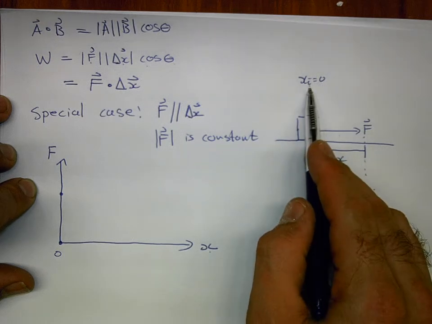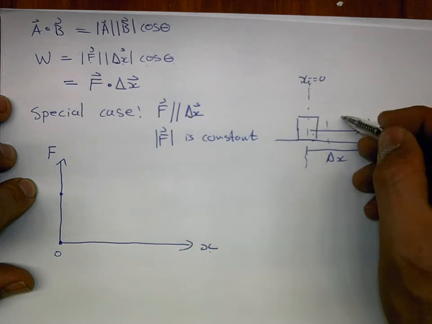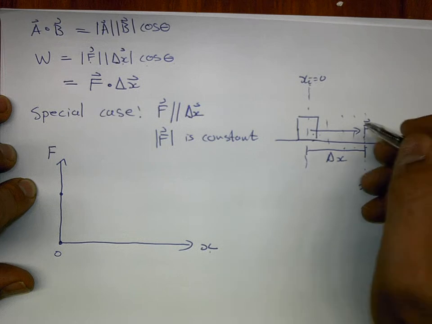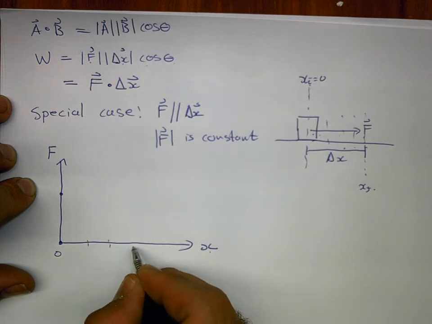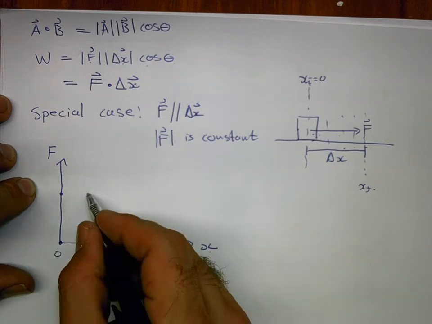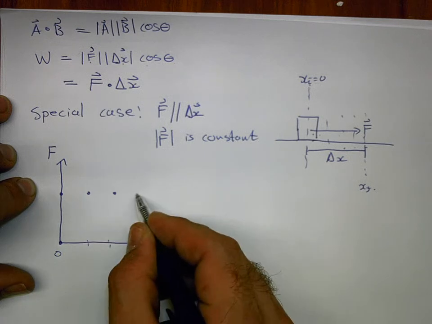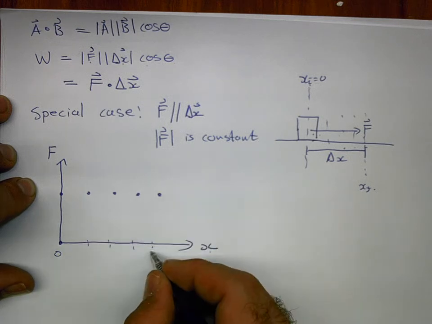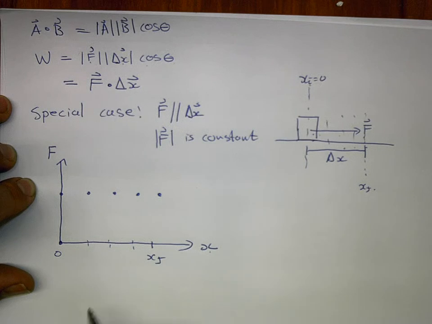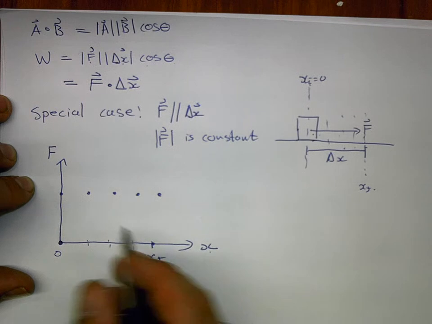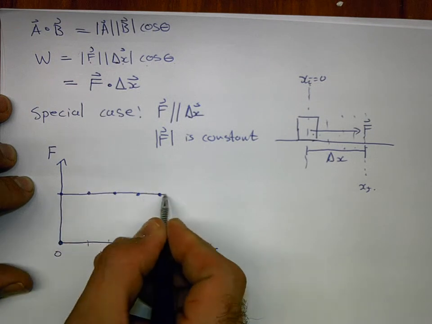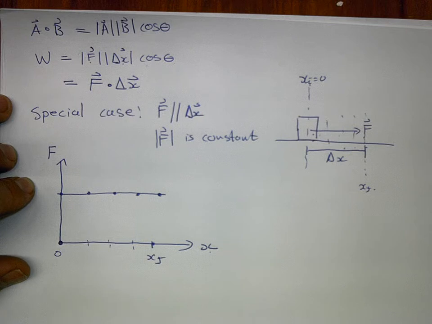We said the force remains constant, so when the box is over there, over there, over there, the magnitude of the force is the same at all those positions. And let's say the box ended up over there. So the box started from here, it ended up over there. So force as a function of displacement is just that straight line that I've drawn.